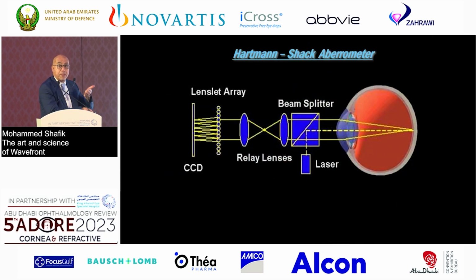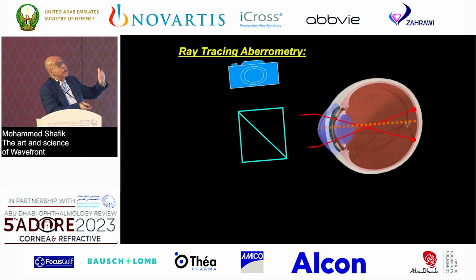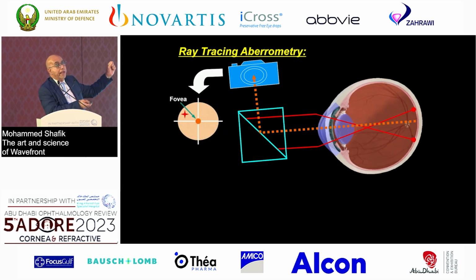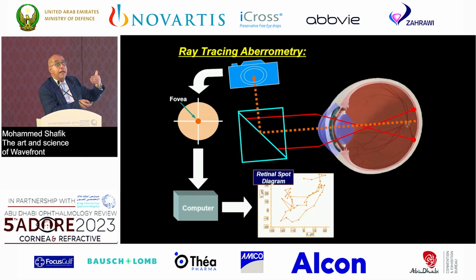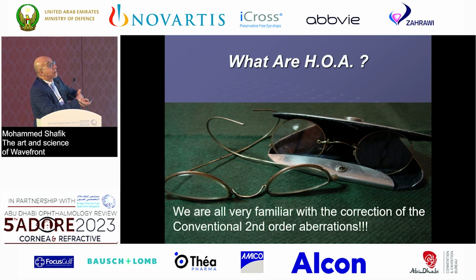There are 4 types of aberrometer, but in practice what is left is the Hartmann-Shack, which is the analysis through the lenslet array, and the ray tracing aberrometer, which traces a beam as it goes to the retina and comes back, falling exactly on the retina. This is much more accurate than the Hartmann-Shack, and I will tell you the future of our ablation. Since that time, we knew that there is something beyond what we correct by glasses or even by normal refractive surgery.